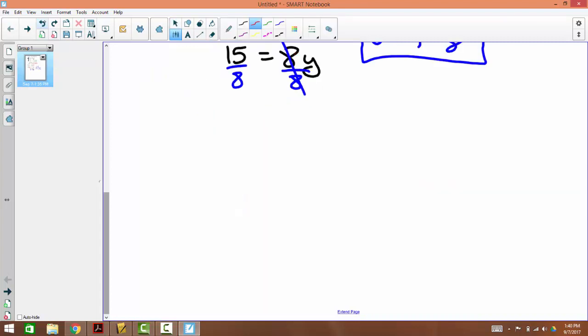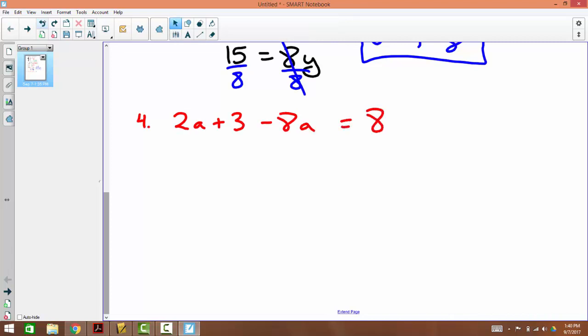Problem 4. 2a plus 3 minus 8a equals 8. In a case like this, you want to get all of the letters to one side and all of the numbers to the other. So we would need to move this 3 by subtracting.